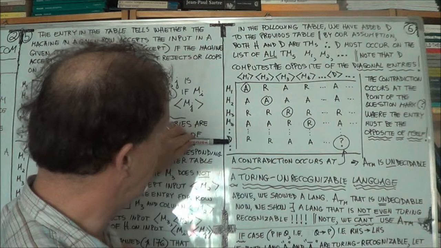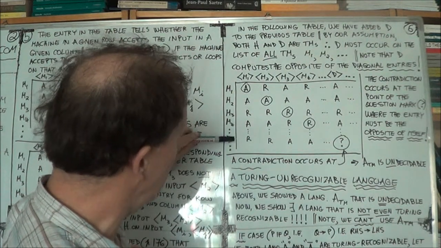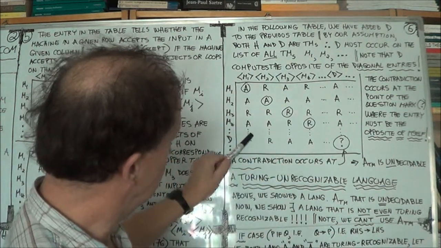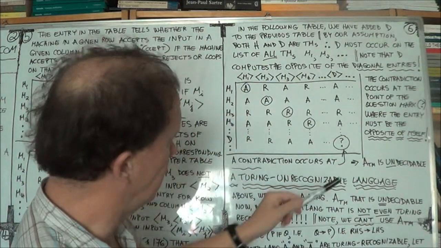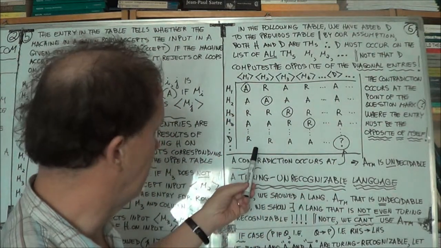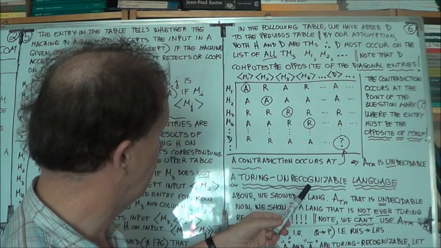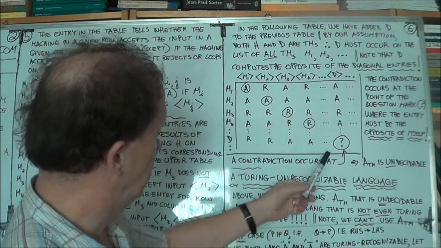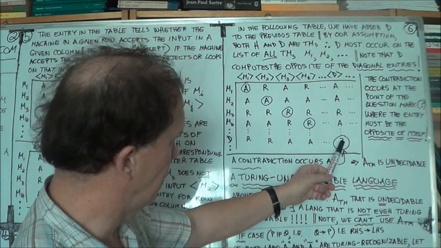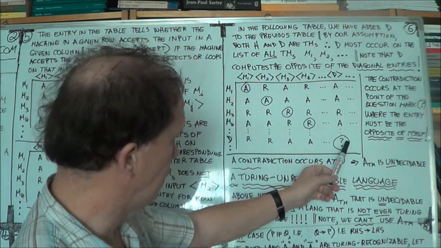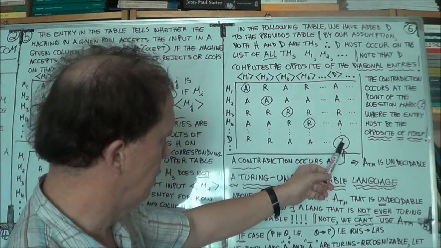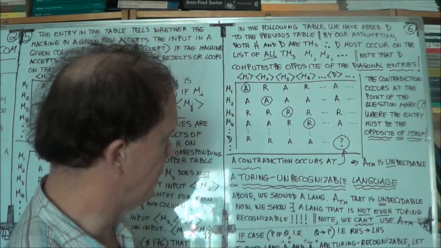So here's the row of D, and all these R's and A's here, they're how H replies, and so whatever it is here, D will just be the opposite.